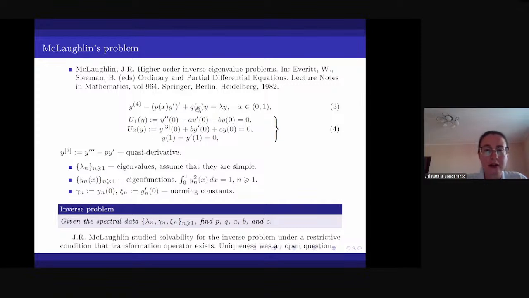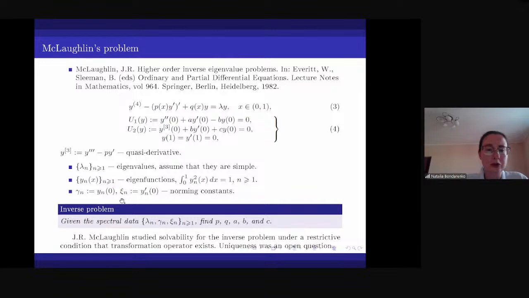If p, q, and the constants a, b, and c are real valued, then the problem is self-adjoint. So always the eigenfunctions are real, and we can normalize them in this way. And you see that these eigenfunctions satisfy the boundary conditions at 0 with the second derivative and with the third derivative.